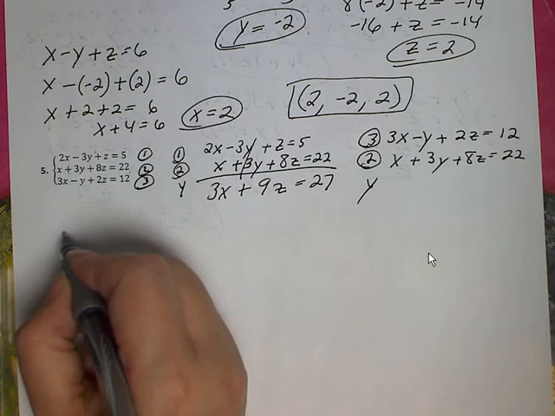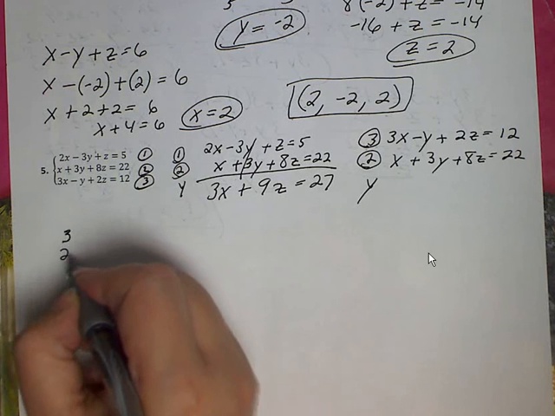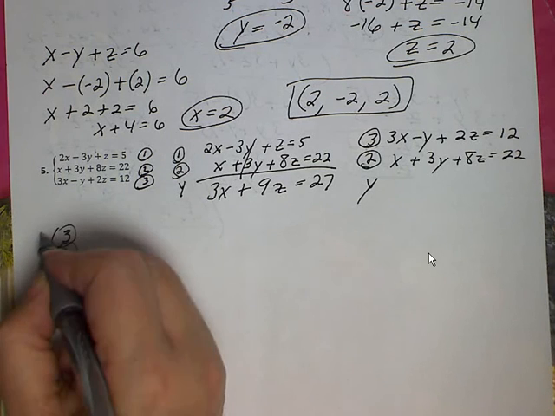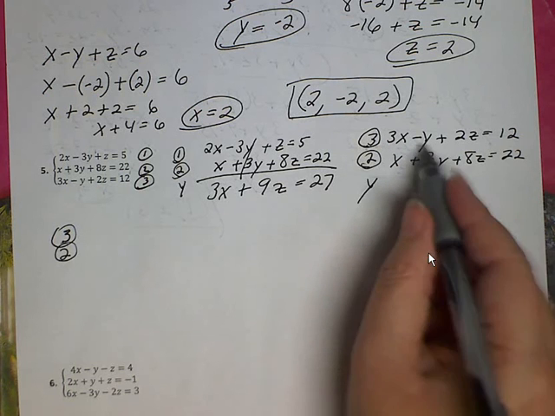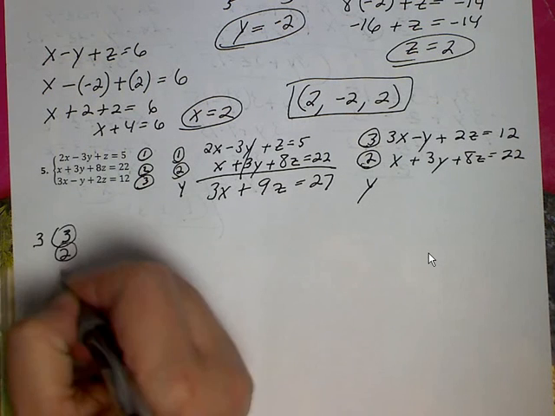So I'm using, remember, 3 and 2, and I'm going to multiply this one by just 3. Still getting rid of y.